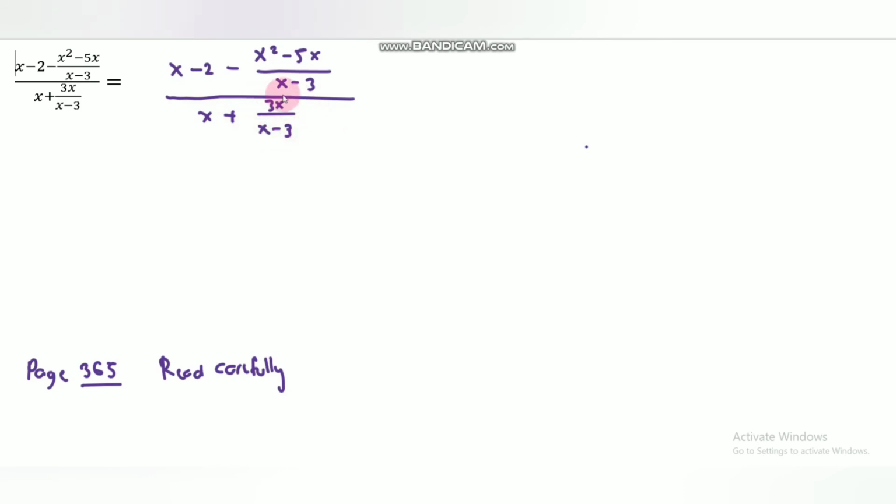Let's get rid of the denominator in the numerator and the denominator. So let me multiply the whole thing by x minus 3 and multiply it by x minus 3. Can we do that? Of course we can, because we are multiplying by x minus 3 over x minus 3, which is 1.